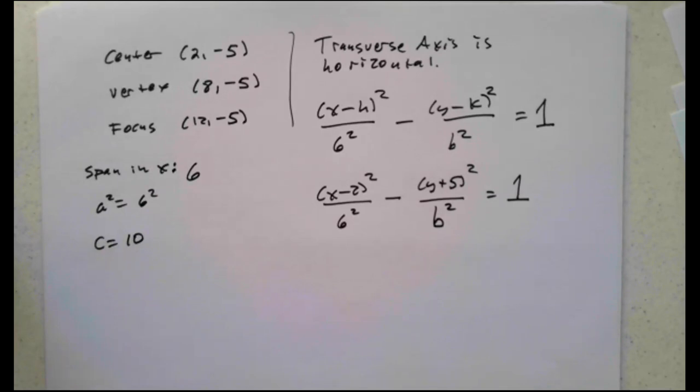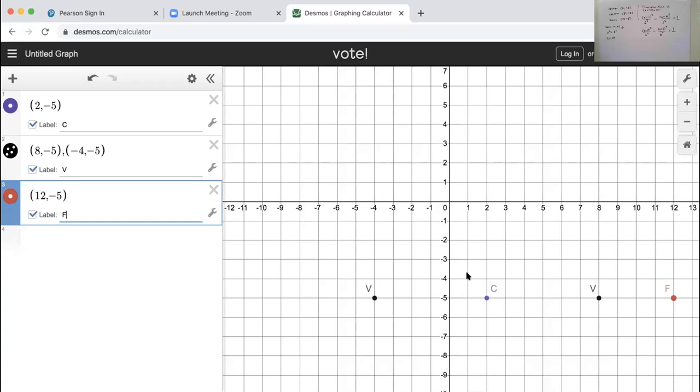But notice I also have a second focus going the other direction. If I go back 10, 1, 2, 3, 4, 5, 6, 7, 8, 9, 10, that would give me -8, -5 as another focus. So I was able to find the second vertex. I was able to find the second focus. But I need to still figure out what b squared is.